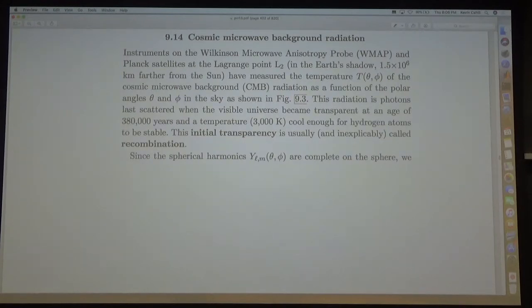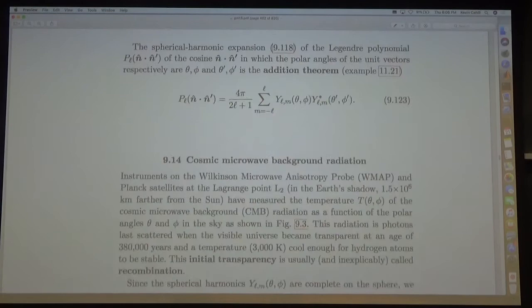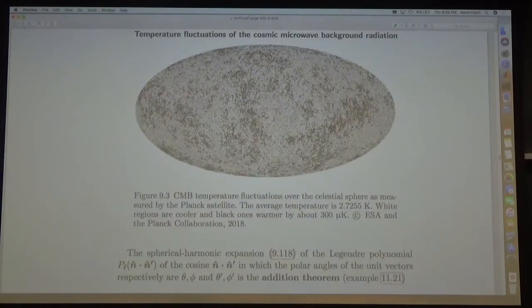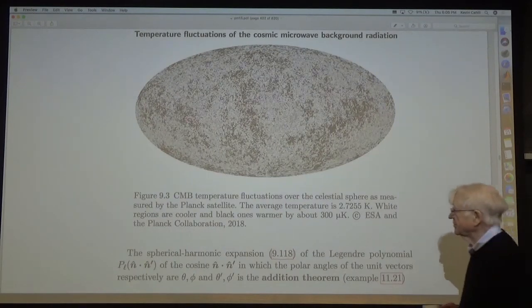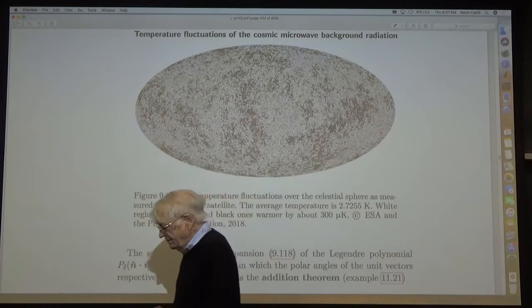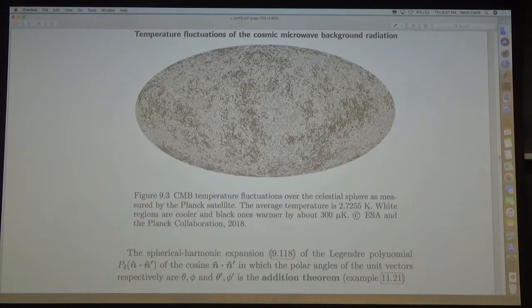So this next topic is just some applications of this that have been important in astronomy and cosmology. This is the map of the temperature fluctuations over the celestial sphere as measured by the Planck satellite.